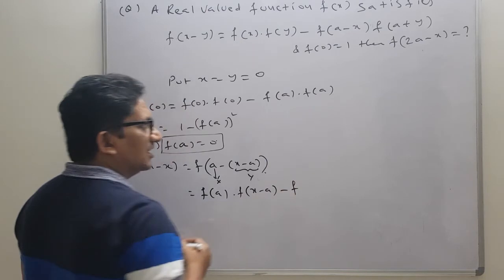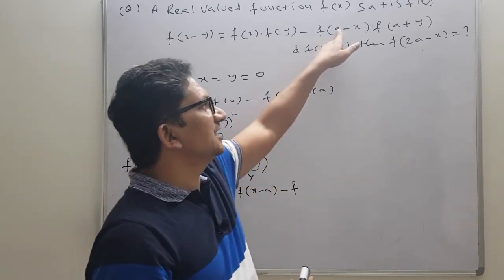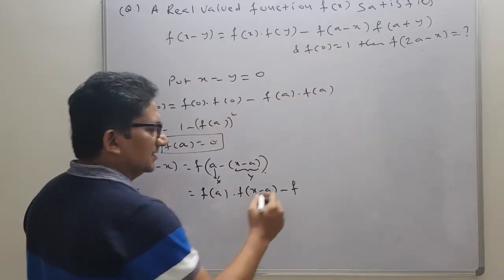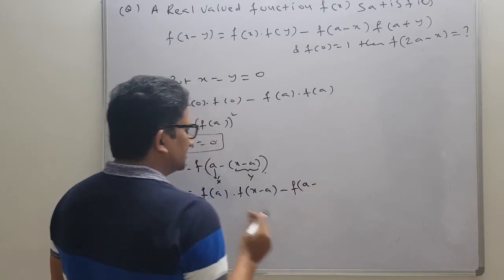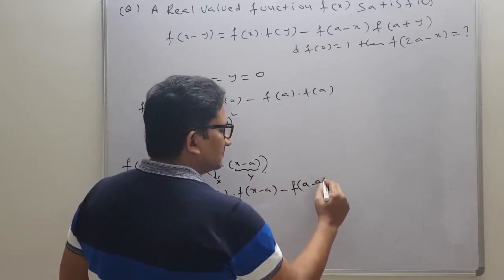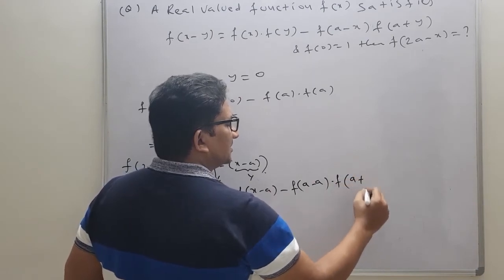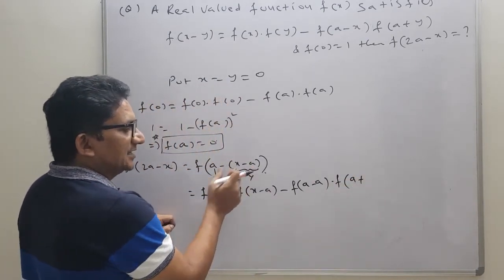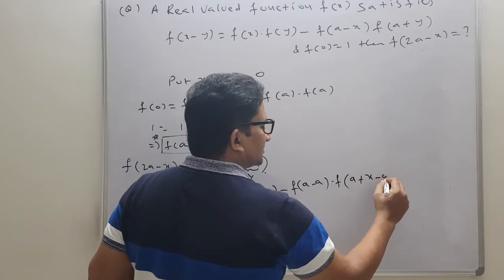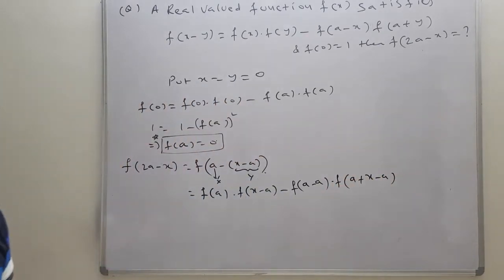Minus f of some constant a minus first element. So some constant a minus first element is what? A, into f of some constant plus second element. Second element is what? X minus a. So this is the structure what we got.